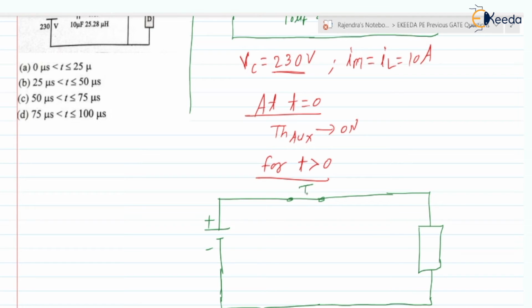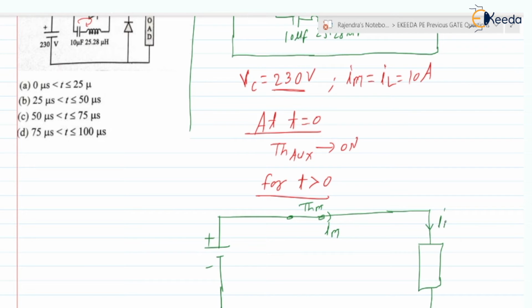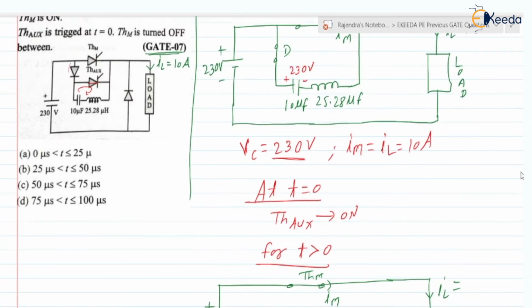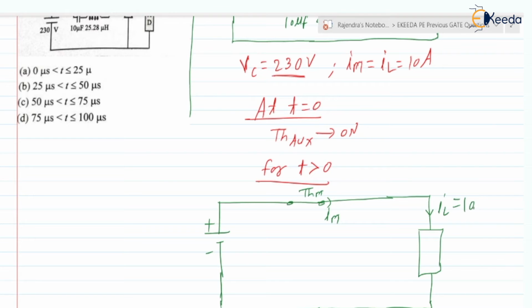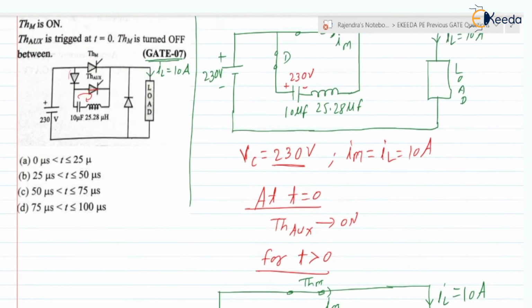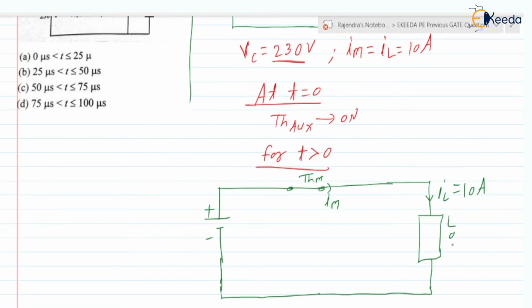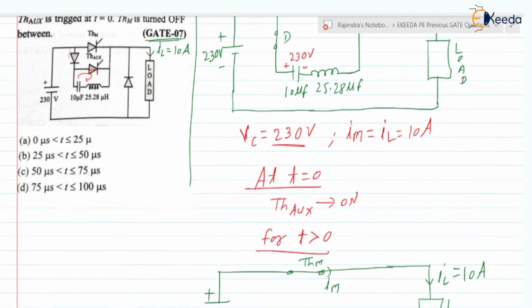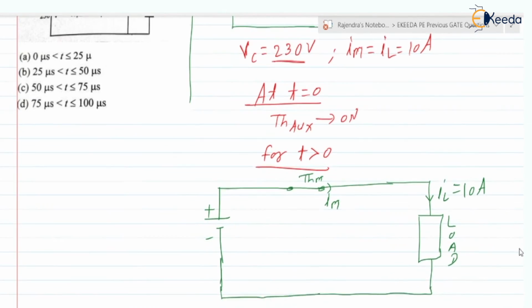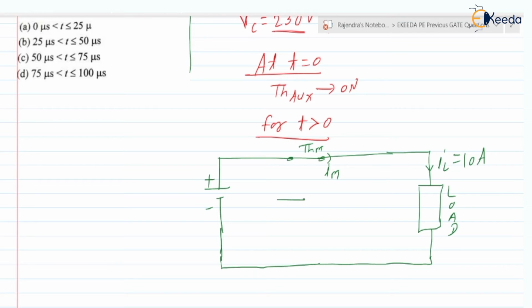This current is IM, which is equal to IL. IL is constant, equal to 10 ampere, right? So this current is 10 ampere and this is the load. The second loop has the auxiliary thyristor in the on state, and here the capacitor is discharging through the auxiliary thyristor and the inductor loop.